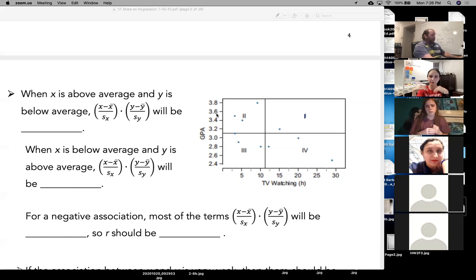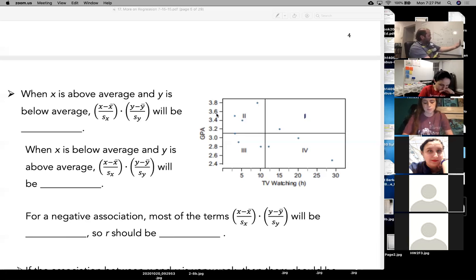So the fourth quadrant. We would expect to be in the fourth quadrant, correct? Okay. So is the product in that case going to be positive or negative? Negative, because we have a positive number times a negative number, right?